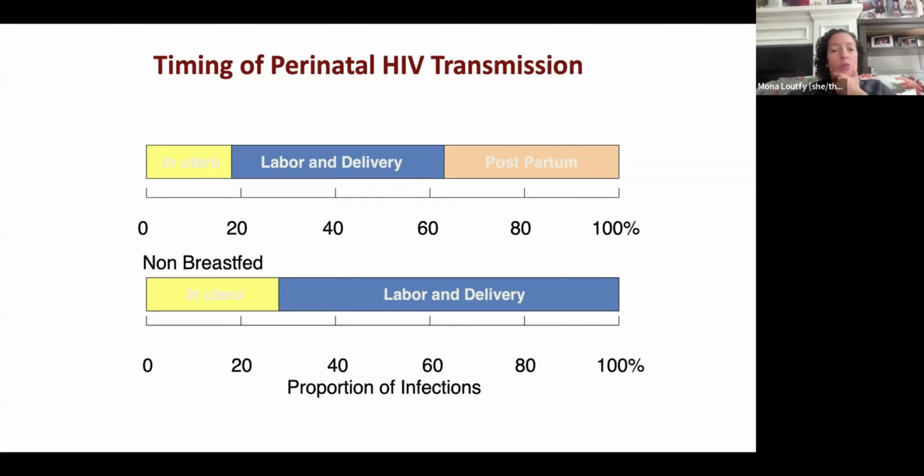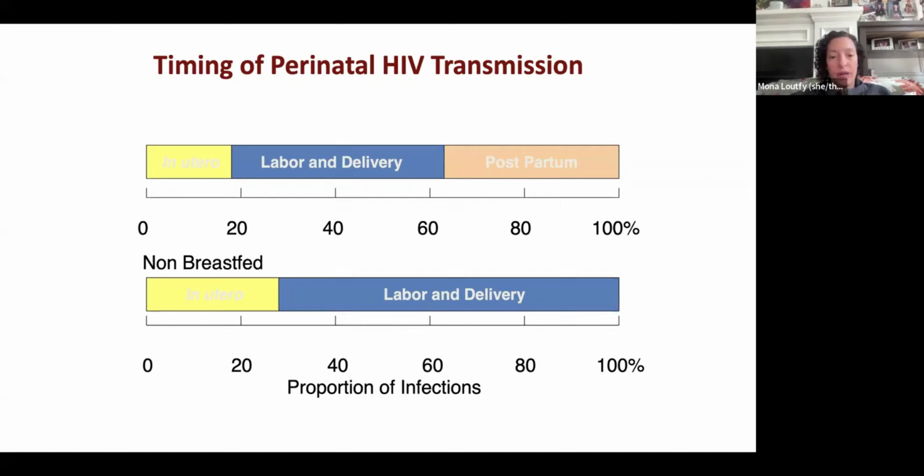So really you can see there in the non-breastfed person, let's look at the lower bar graph, actually 75% of the transmissions happen at the time of labor and delivery. And that's because of the secretions and the blood, but this is if the person who's pregnant and delivering is not on antiretroviral therapy, okay?